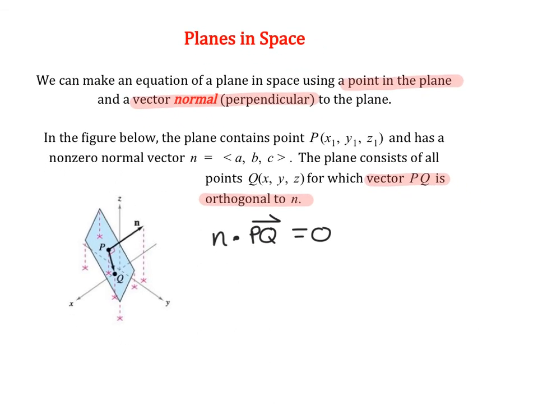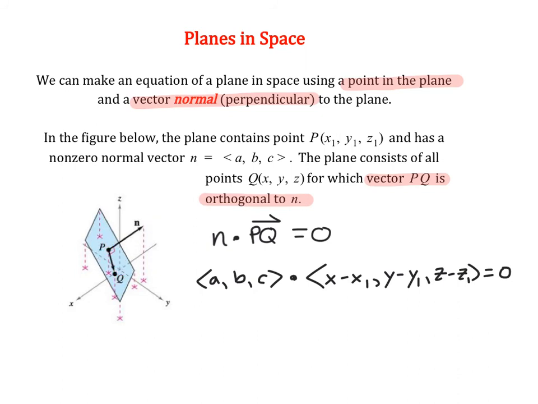Okay, so let's see what vector n is. Vector n is defined as ABC. And we're going to need to make the component form of PQ, but that's no big deal. We'll just use this as our initial point, and we'll use this as our terminal point. So x minus x1, y minus y1, and z minus z1. And we know that the dot product should be 0 because, once again, the two vectors are orthogonal.